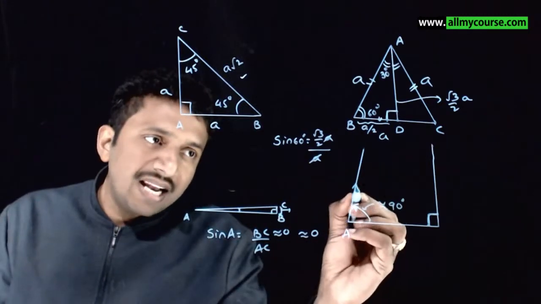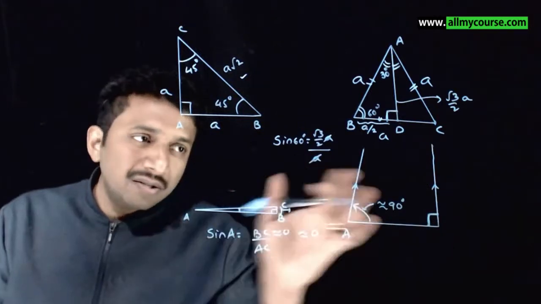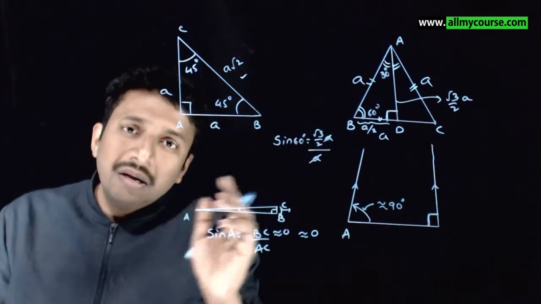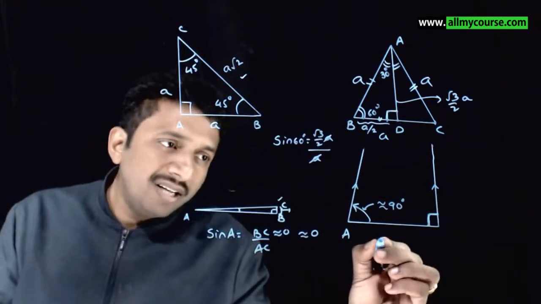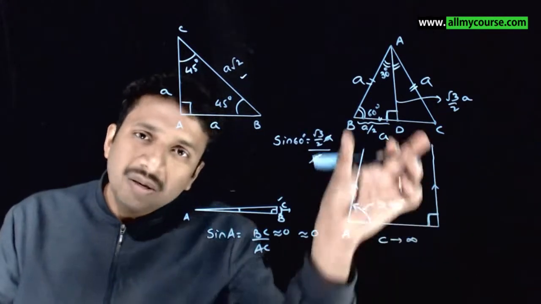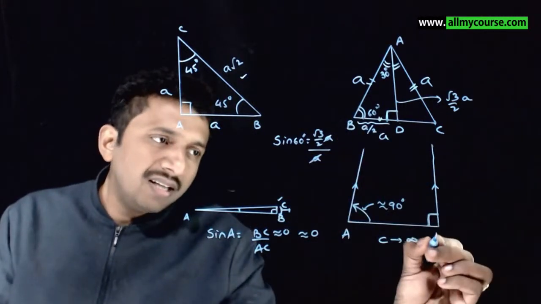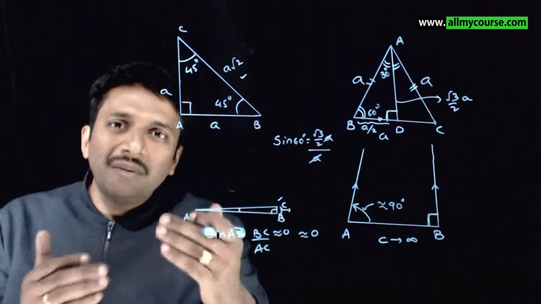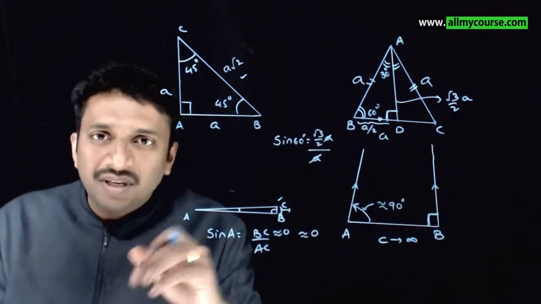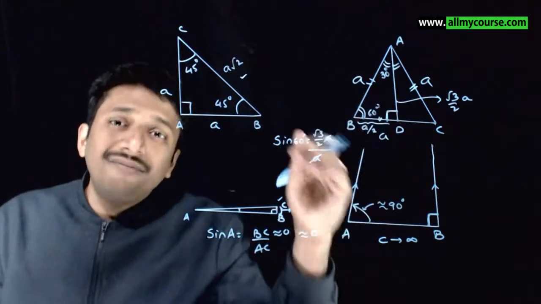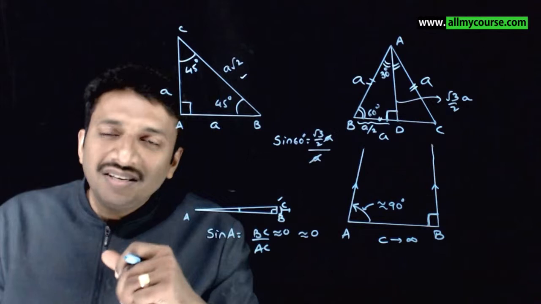Then obviously this line will become parallel to this line, so there will not be an intersection point. That means the intersection point C goes to infinity, and because these two are parallel, the length of AC and the length of BC will become nearly the same. If they touch at infinity, then the length of AC and the length of BC are the same.